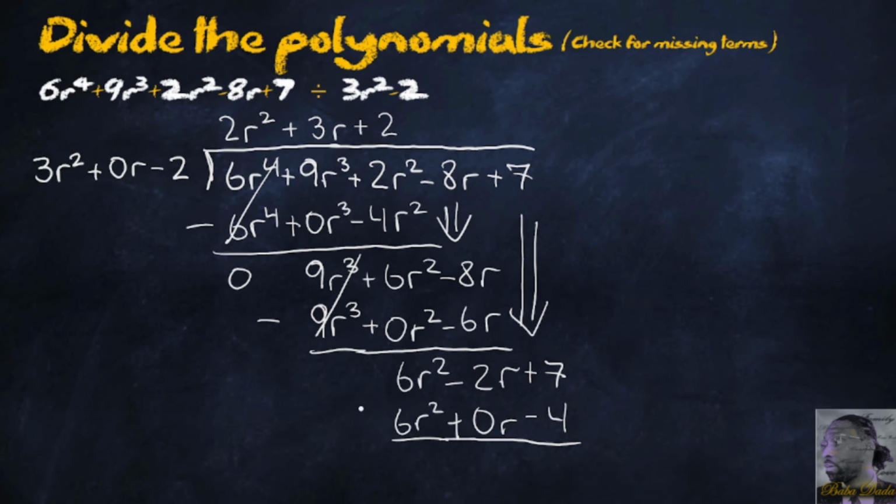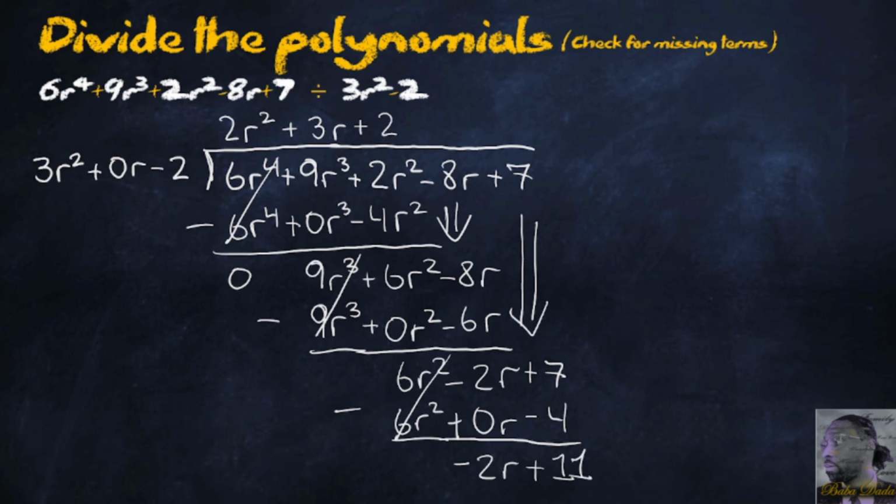Now we can do our subtraction. 6r squared minus 6r squared cancels. Negative 2r minus 0r is negative 2r. Positive 7 minus negative 4, that changes to an addition, so it'll be 7 plus 4. That's going to be plus 11.